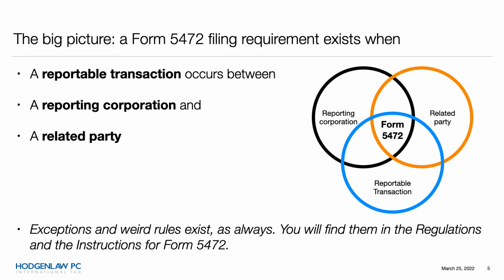When you look at the counterparty of those transactions, try to figure out in your head, is this a likely suspect for being a related party? That's the way I've found is most efficient in trying to figure out whether there's a Form 5472 filing requirement or not. Start with the general ledger, boil that down from all the transactions to just a few, look at the counterparties, and then figure out what's going on.